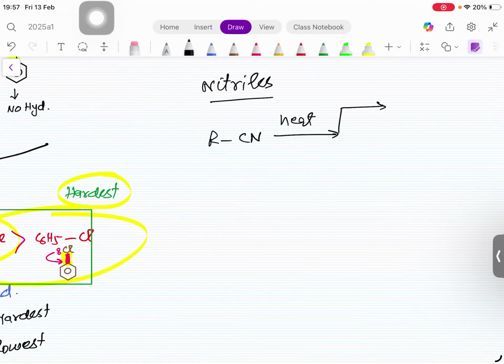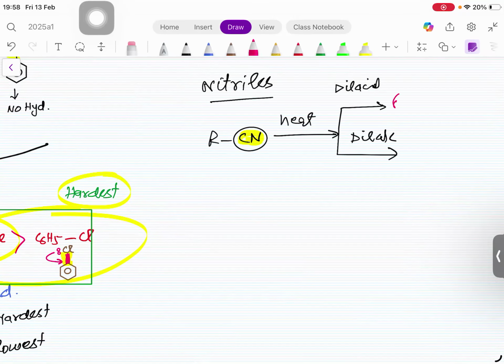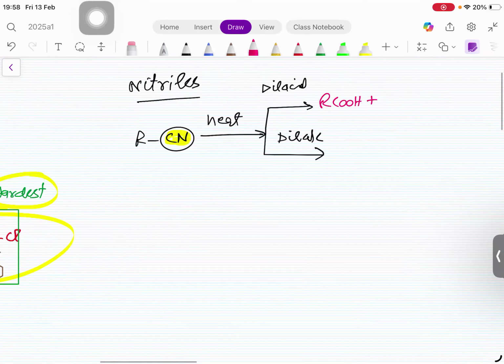With dilute acid or dilute alkali, CN turns into COOH. So one of the products is again carboxylic acid, plus in this case NH4+ is formed. And if it is done with alkaline hydrolysis, it becomes NH3 aqueous.